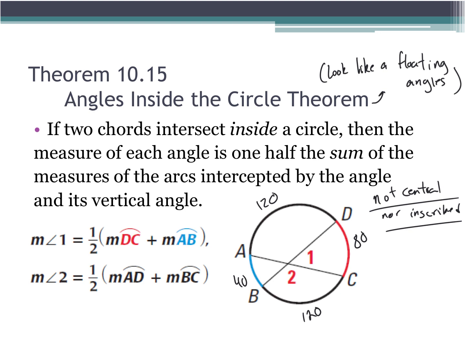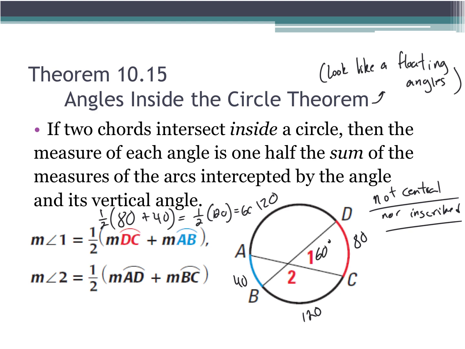For example, if we're trying to solve for angle 1, it's going to be 1/2 the measure of arc CD, which is 80, plus the measure of arc AB, which is 40. That's going to give me 1/2 of 120. So that tells us that angle 1 is 60 degrees.